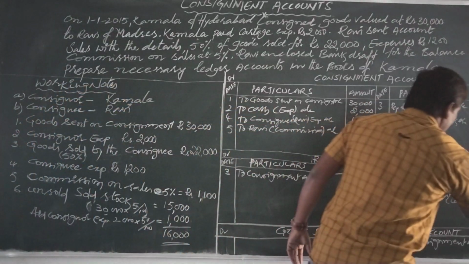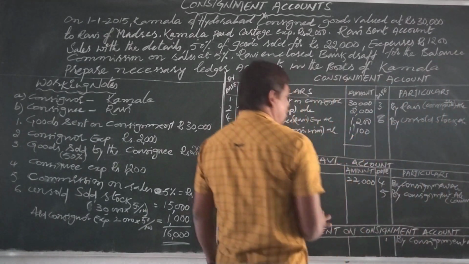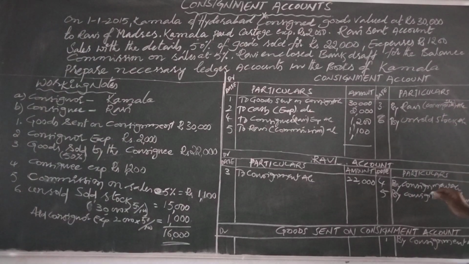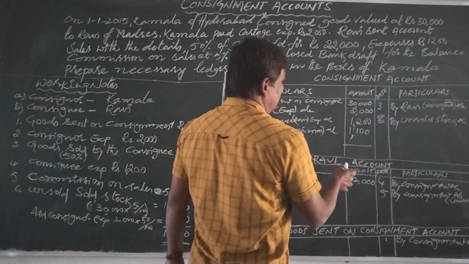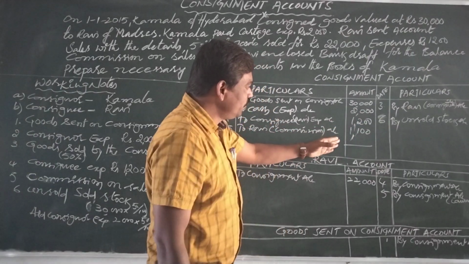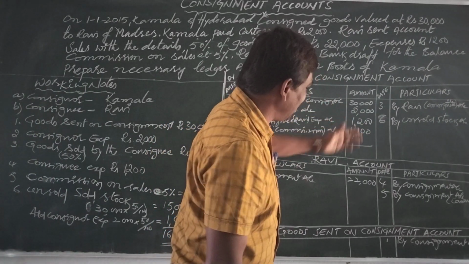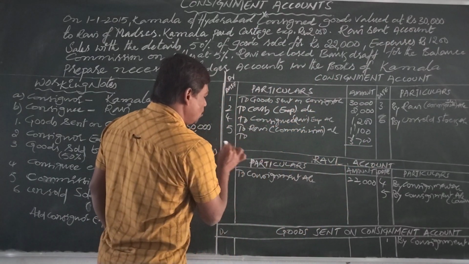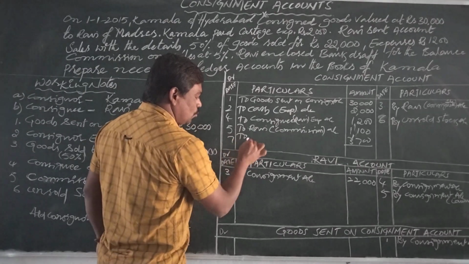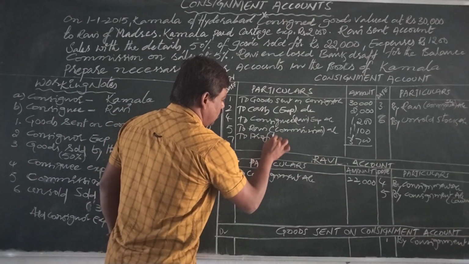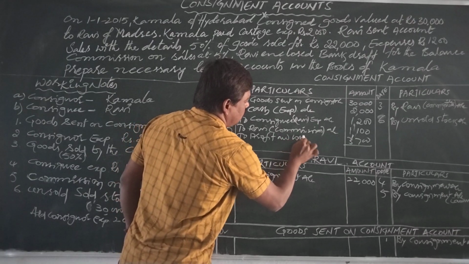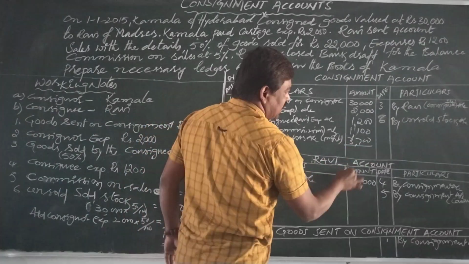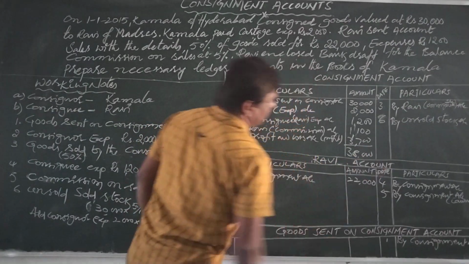Now, here, if you close the first account, you will find the profit or loss. See here 38,000 on the credit side, and if you calculate the total debit amount, you will get something like 34,300, and the difference will be 3,700. That is profit, to 7th point, to profit and loss account in brackets profit 3,700, total 38,000.